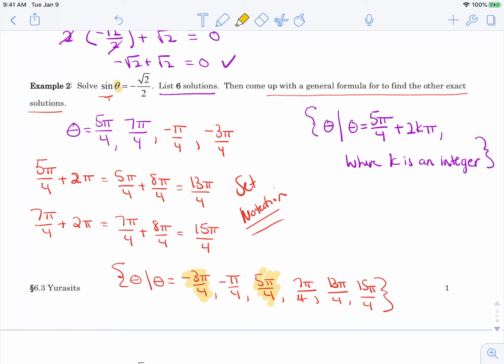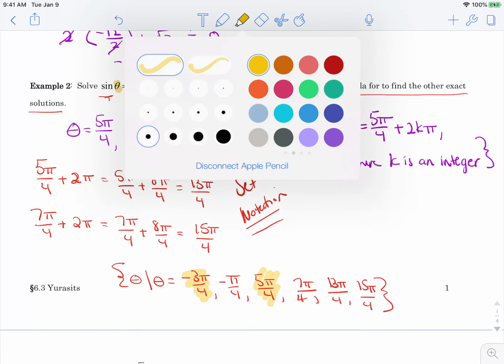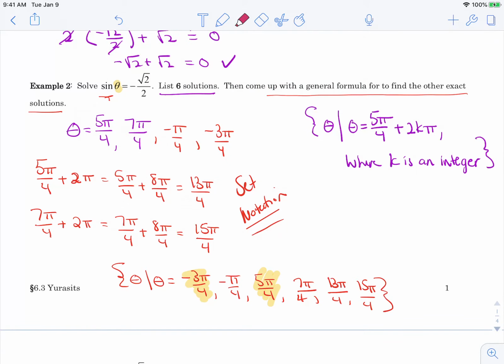The problem is that general equation does not give me this solution. So this guy will produce all the yellow solutions that are highlighted yellow. And it will keep going, right? We just stopped because it only asked for 6, thank goodness, because I don't want to have to list everything.